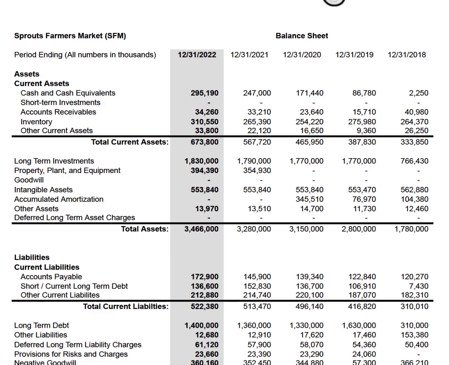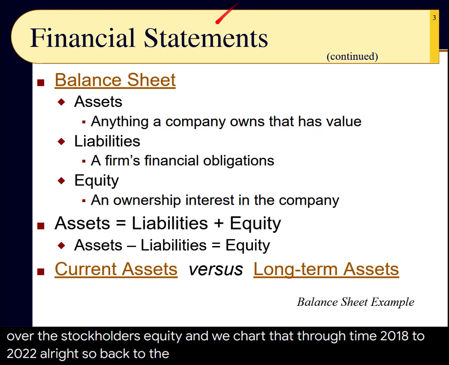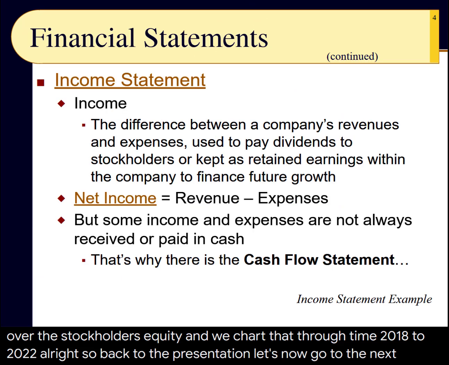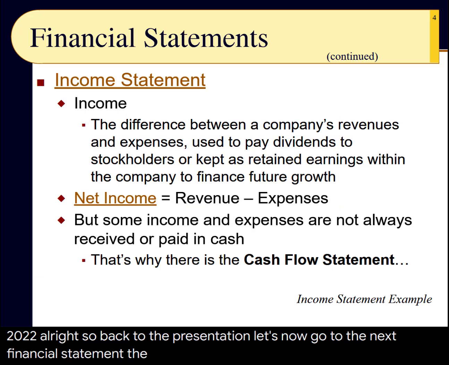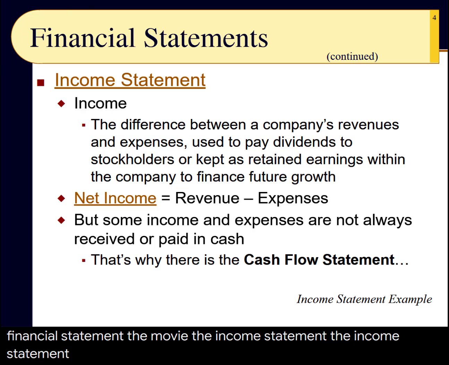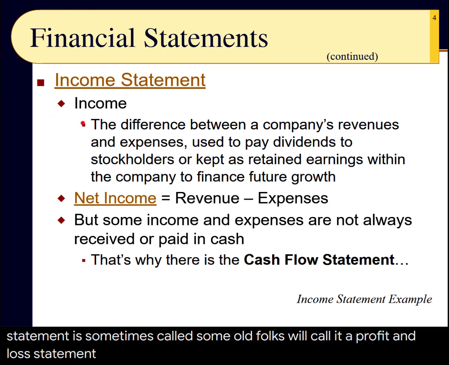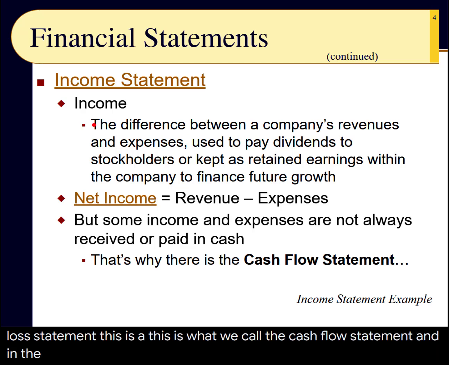All right, so back to the presentation. Let's now go to the next financial statement, the movie, the income statement. The income statement is sometimes called, some old folks will call it, a profit and loss statement. This is what we call the cash flow statement in the financial planning class.